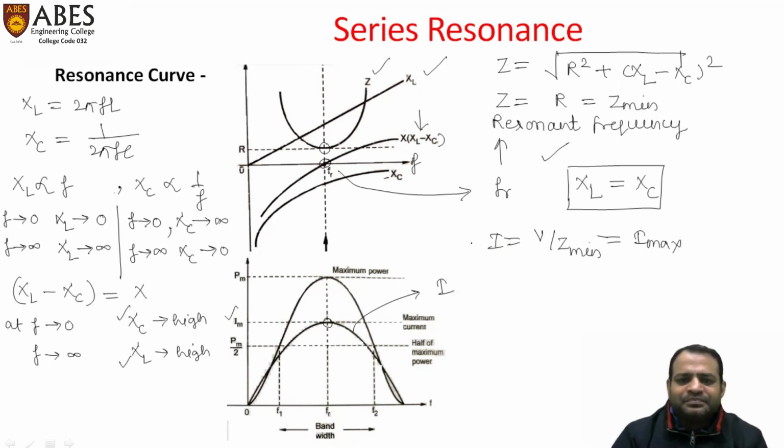So first of all, we will find out the resonant frequency, and then we will find out these F1 and F2 cutoff frequencies or half power frequencies.